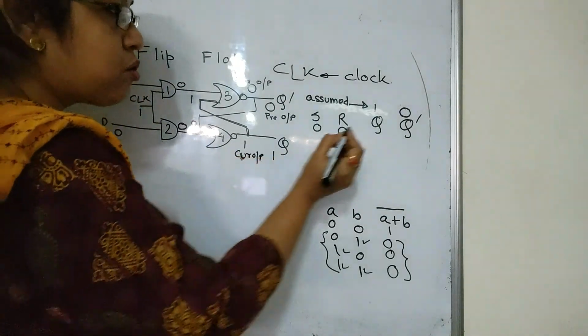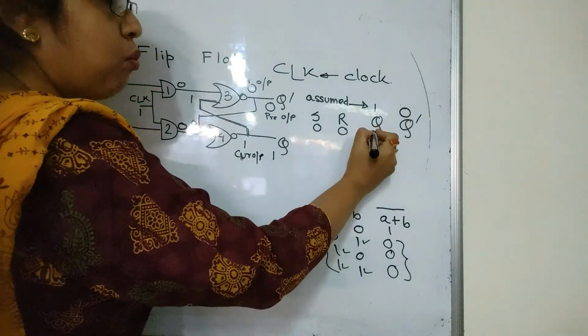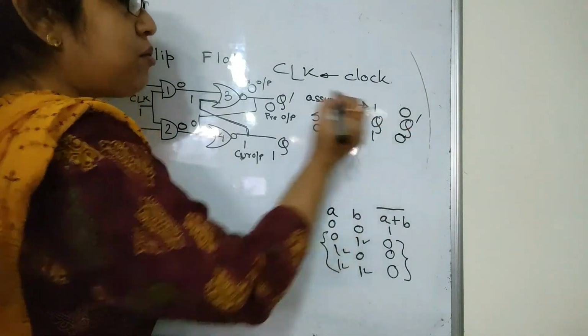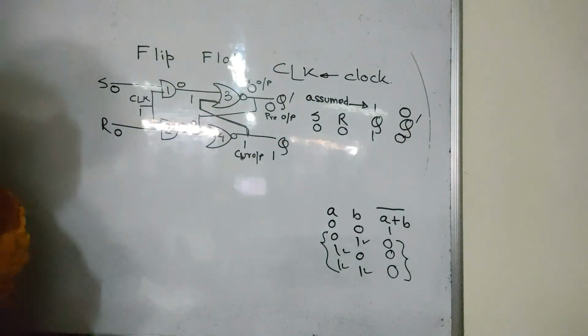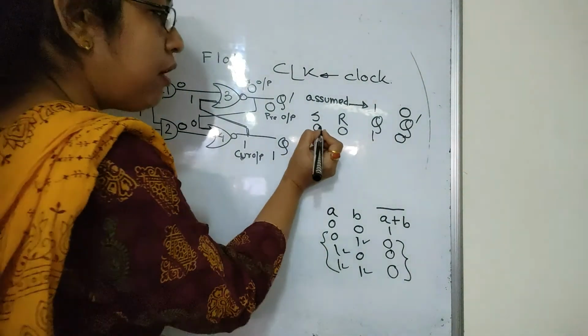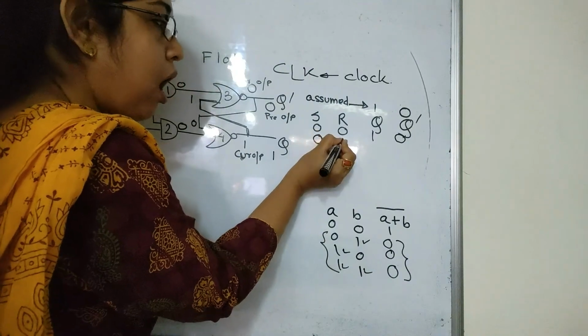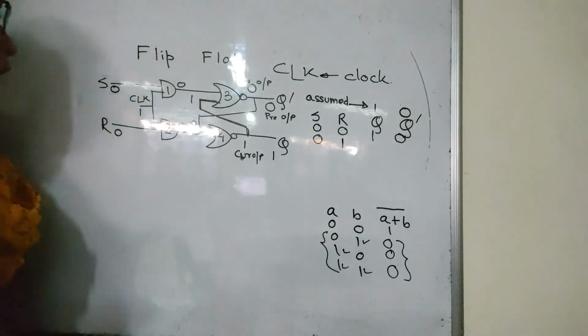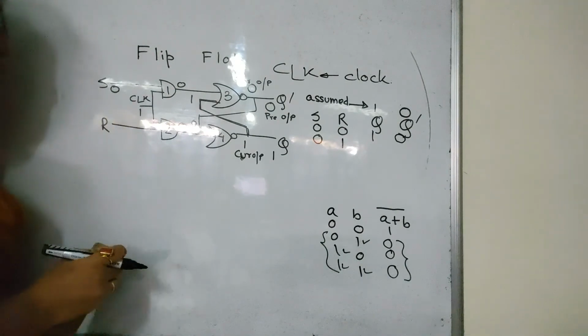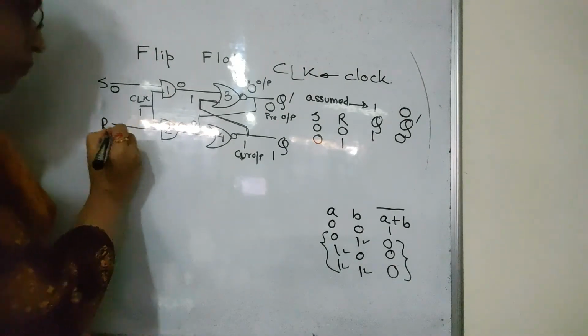The current output is Q value 1 and Q dash value 0. Clear? Now, we are going to give S value as 0, R value as 1. Our next working.